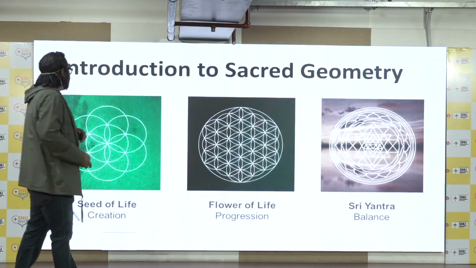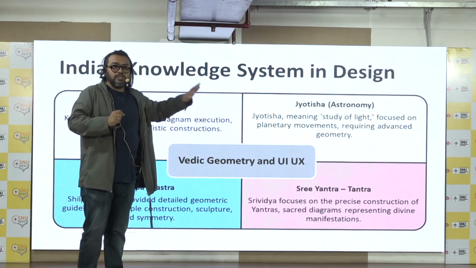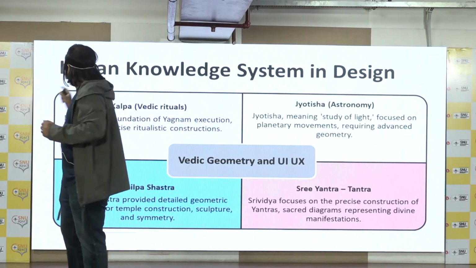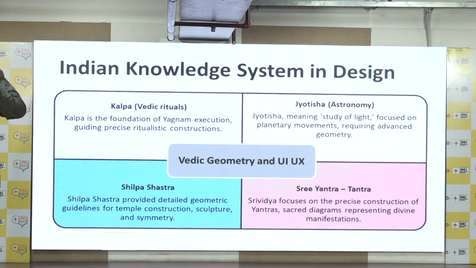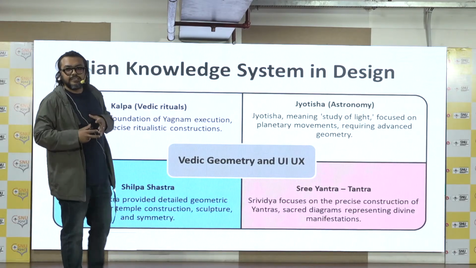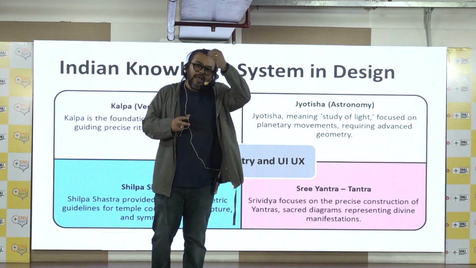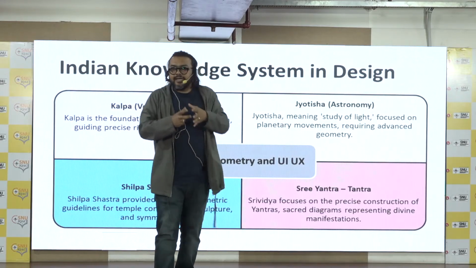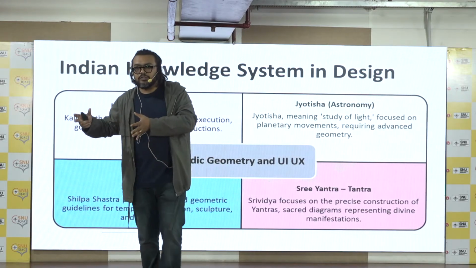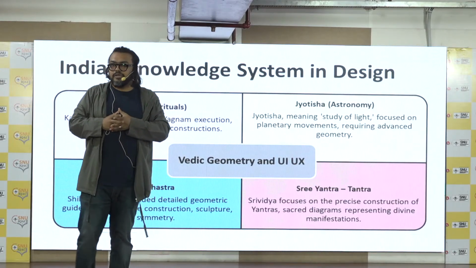Yeah. So in Shulva Sutra, there are 4 major elements. One will be the kalpa, which is the Vedic rituals. Kalpa is the foundation of the yajna system. When it comes to kalpa, in every yagya there are different homa kundas, the area where the fire is actually burning.